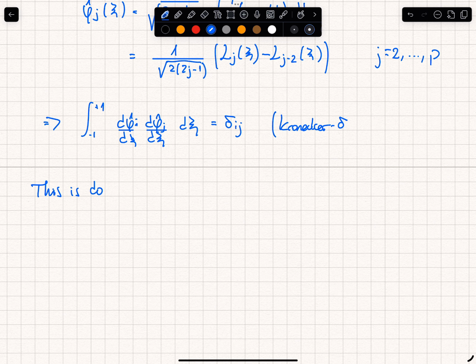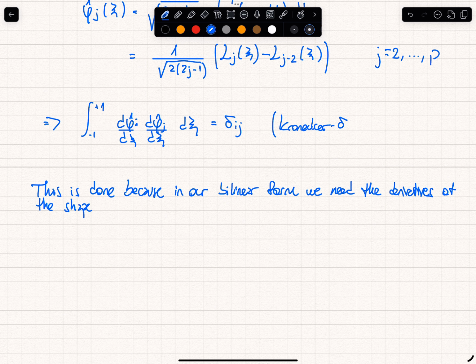Can you repeat that, please? Okay, well, I'm writing it here. This is done because in our bilinear form, we need the derivatives of the shape functions to be orthogonal.